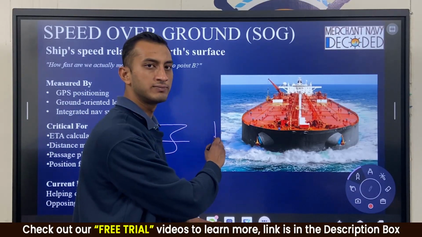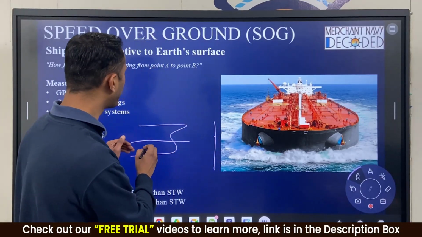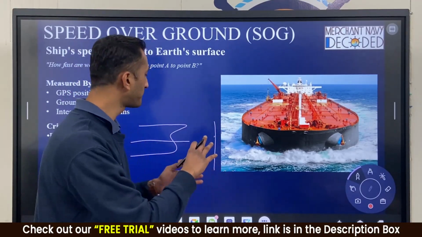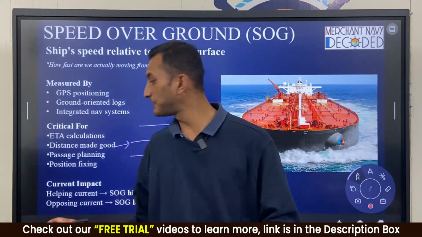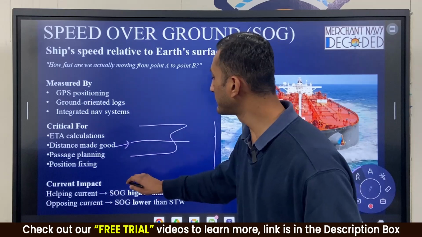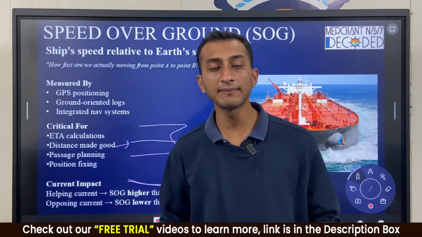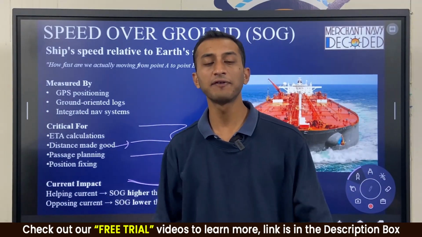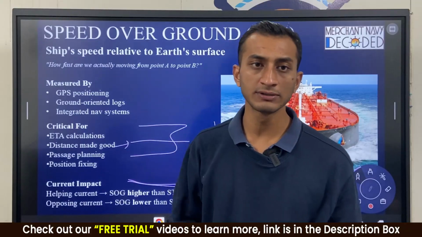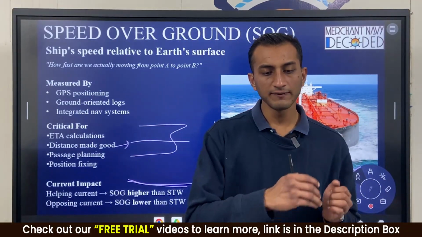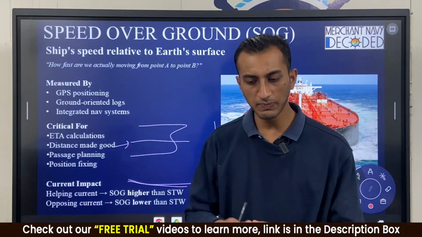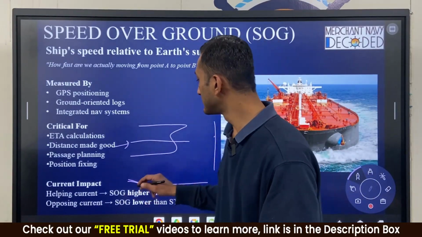But if we give some current, some push, she will be doing some speed with respect to the seabed. I hope I am making myself very clear. If you have any doubt, you can mention it in the comment box; I'll love to answer that. Speed through water is with respect to the water around it. Speed over ground is with respect to the seabed.